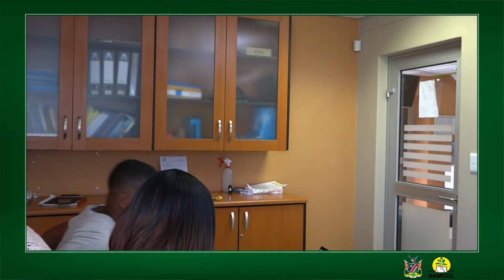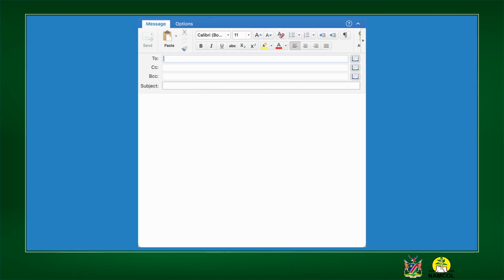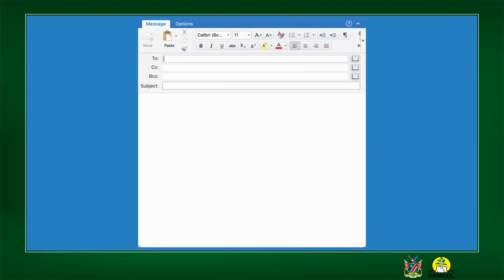Okay. Look here. So this is basically what an email looks like. It's basically just a document with a certain format on it. All you need to do is just fill it in.